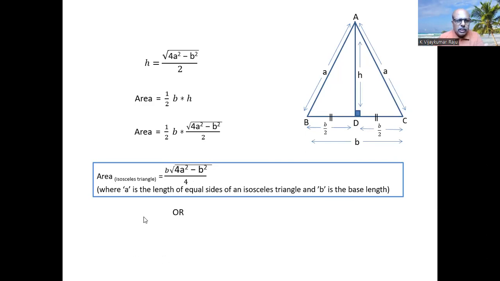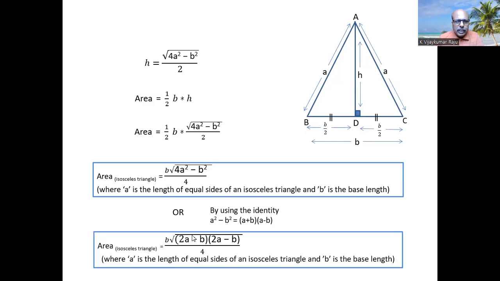Or you see, this is in the form of a square minus b square. So if you're using the identity a square minus b square, you can write it as (a plus b)(a minus b). So this formula can be remodified and written as b times (2a plus b)(2a minus b) upon 4, where a is the length of the equal sides of an isosceles triangle, b is the base length.